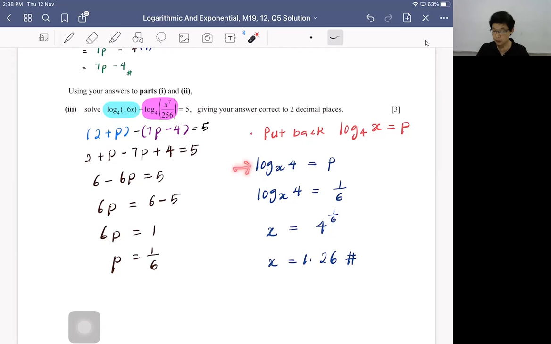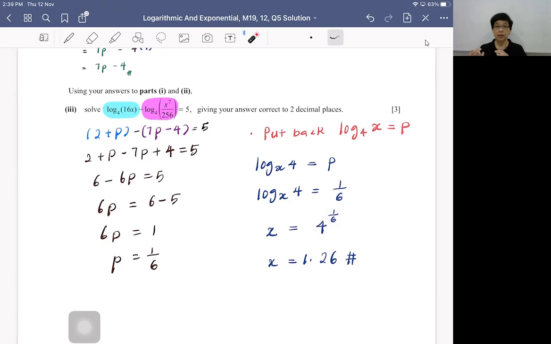This is what we get. Then from here, we're going to make x the subject so that we can conveniently solve for the value of x. Yes, you got it right. You use the formula for converting a logarithmic function into an exponential function. This is what you get. The base 4 is raised to the power, yes, the index of 1 over 6, and that equals x.